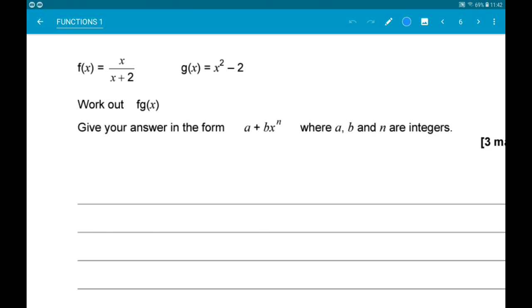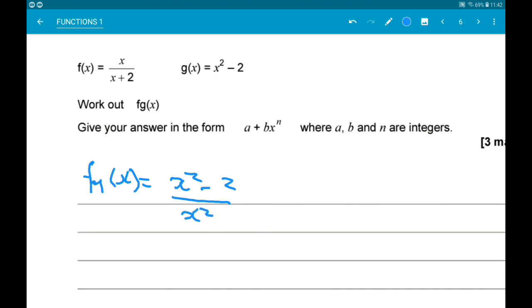Okay, so fg of x means f of g of x, so the x in f of x becomes x squared minus 2. So fg is going to be x squared minus 2 over x squared minus 2 plus 2. So the 2's cancel out.